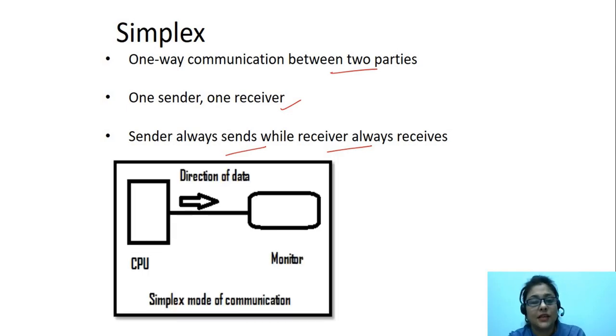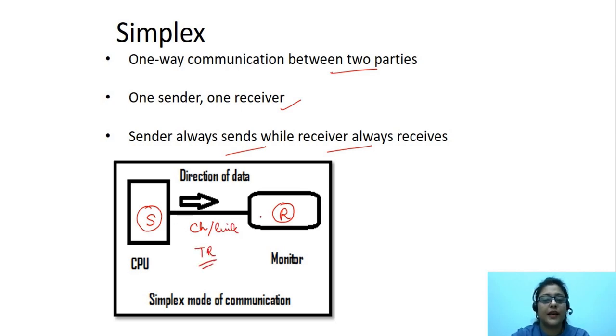Let us look at the simplex way of communication with the help of this diagram. This is the flow diagram of simplex mode of communication. We can see here there is a sender S and there is a receiver R, and in between them there is a channel or a link or a transmission medium through which data can flow.